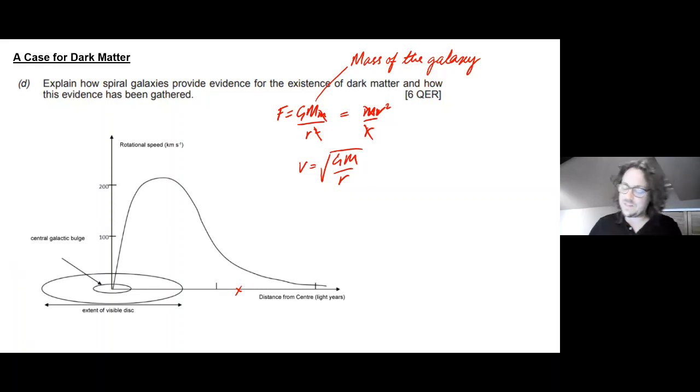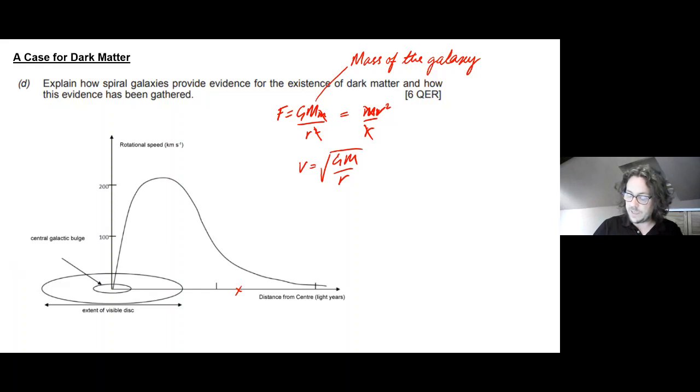With this equation, we can make really sound predictions as to what theoretically the velocity of such a star at the edge of a galaxy would be.